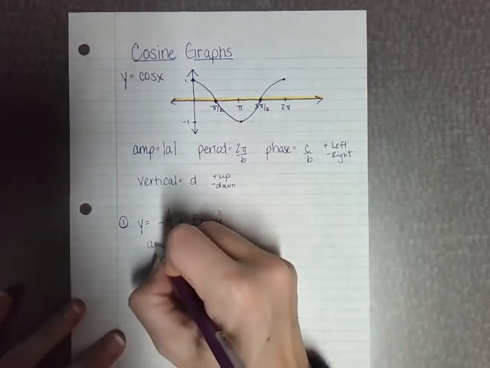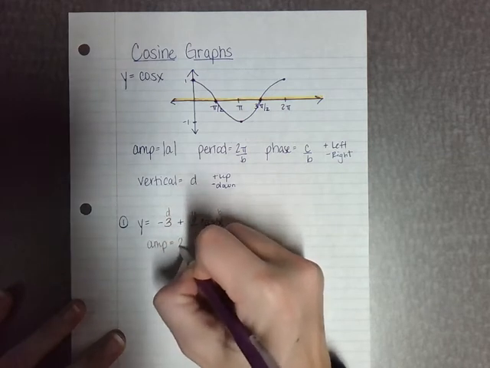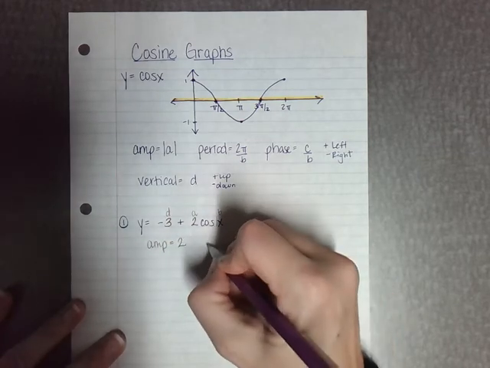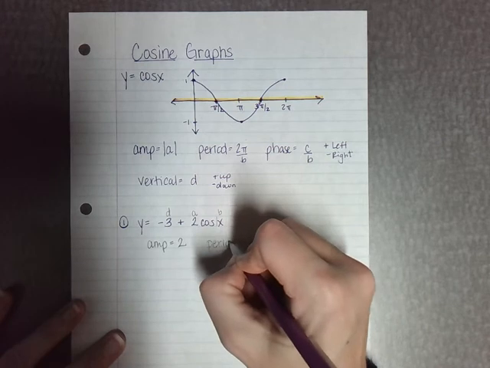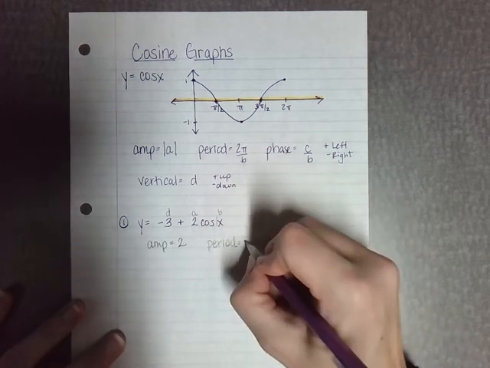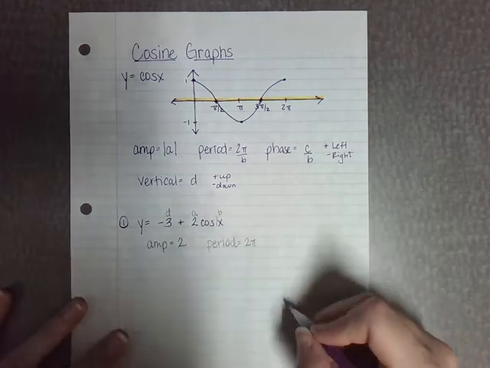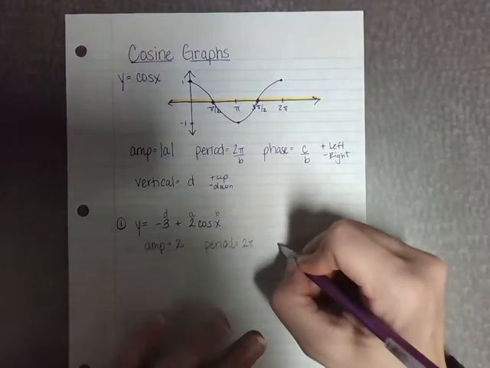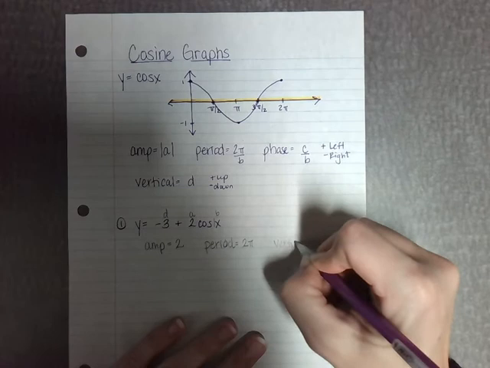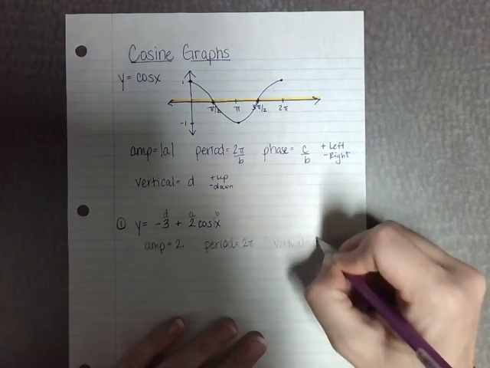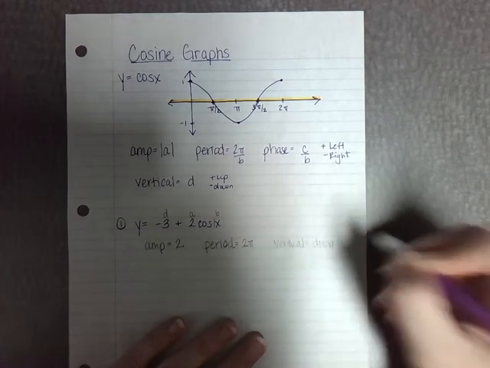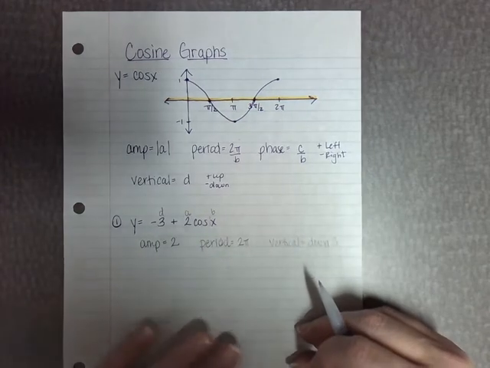So we know so far that our amplitude is 2. The period is 2 pi divided by B, but B is a 1, so the period's just 2 pi. And then we have no phase shift. Our vertical shift will be down 3, since our D is negative.